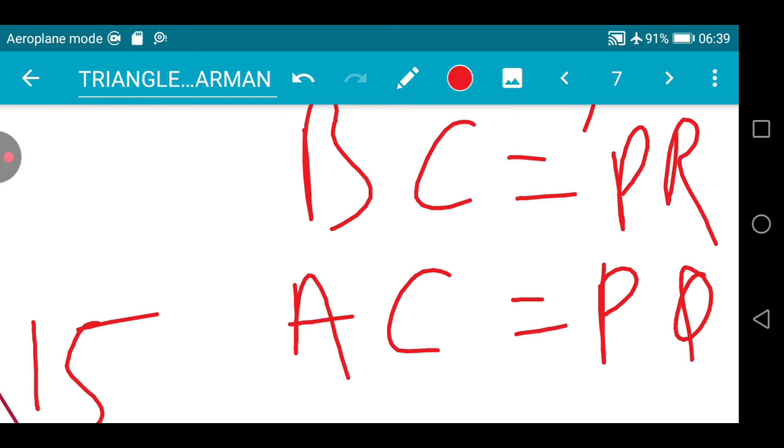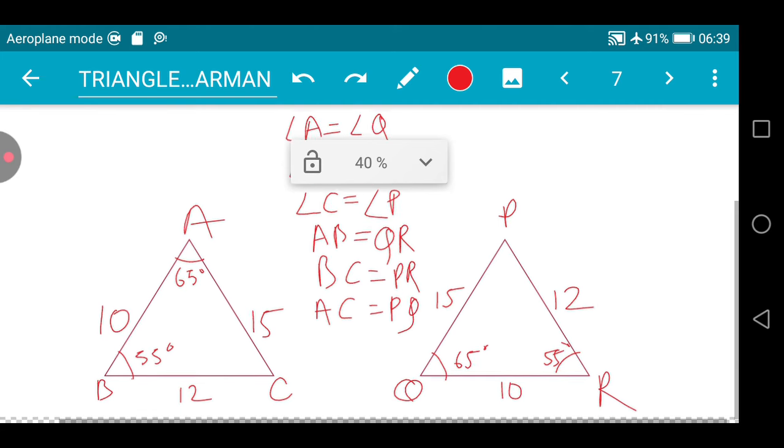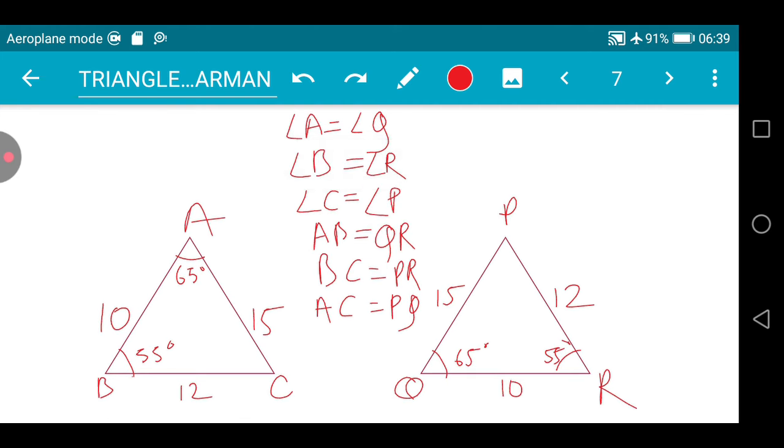If you notice here, can I say these triangles are similar? Yes, we can say these triangles are similar. These are also congruent, but this is not an accurate figure of triangle PQR, or we have to change something.